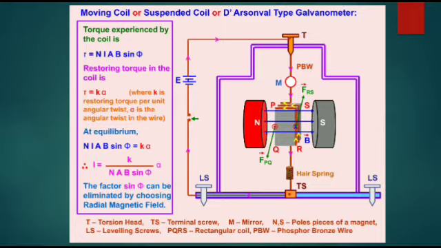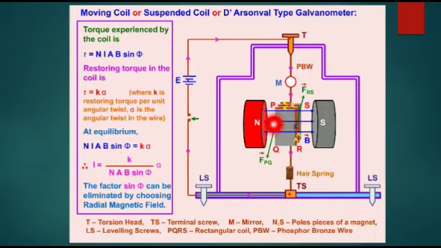Now we are going to see the working of the moving coil galvanometer. Consider a single turn of the rectangular coil PQRS.